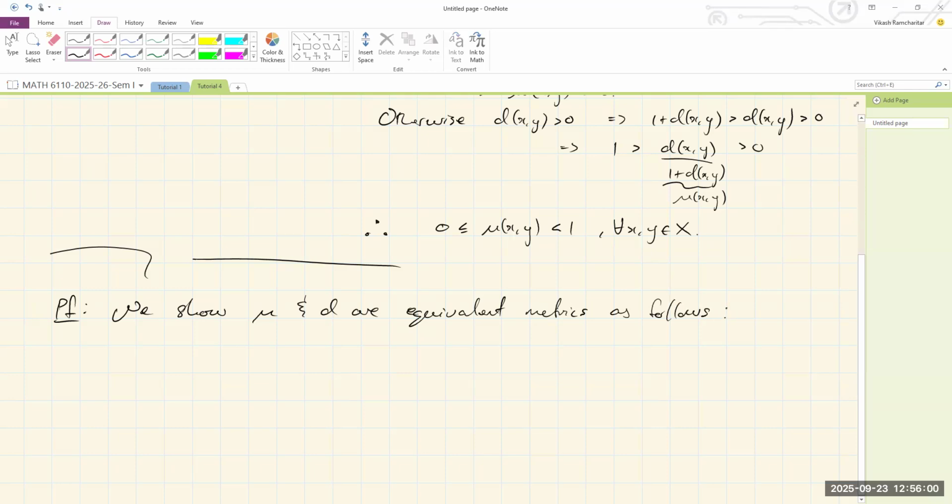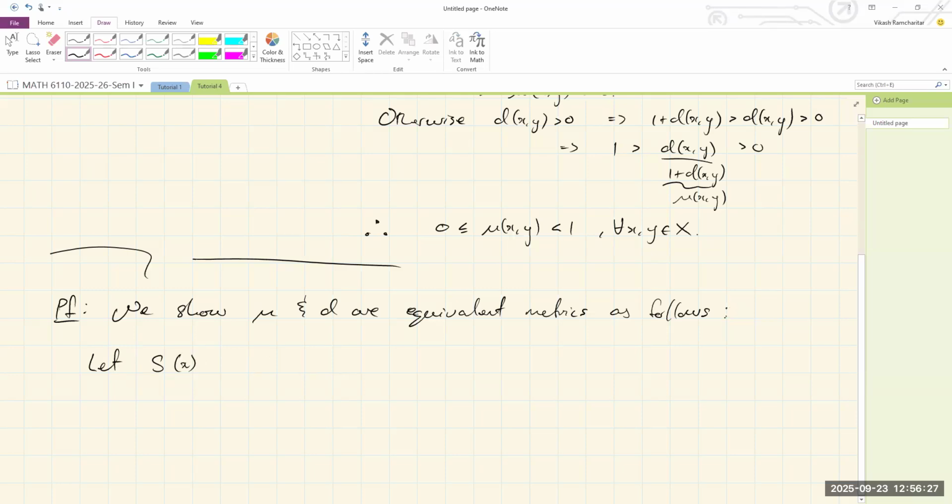Okay, so the strategy is I'm going to take an open ball or open sphere with respect to one of these metrics and show that I can find an open ball or open sphere with respect to the other metric inside that first one. So let me take an open sphere or open ball centered at x.